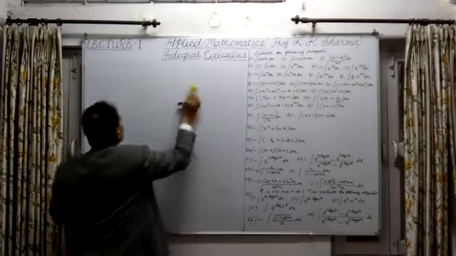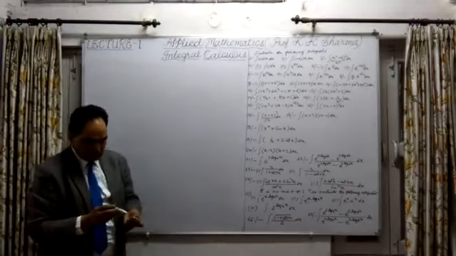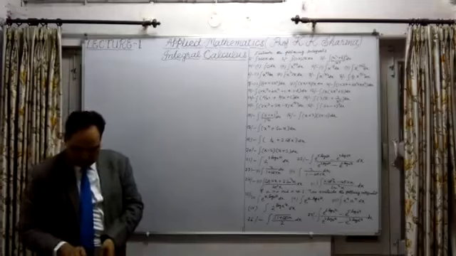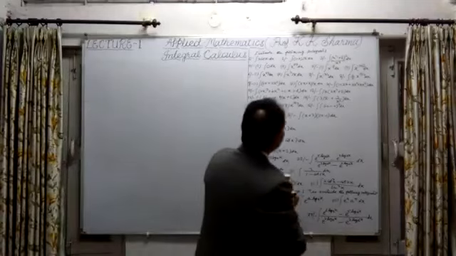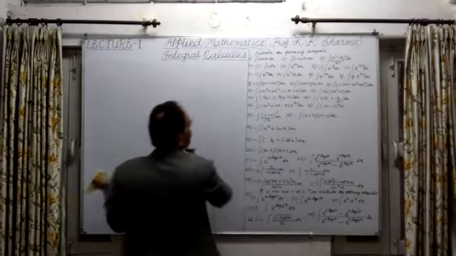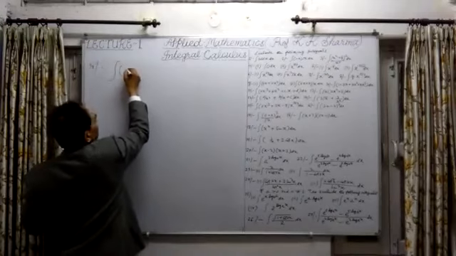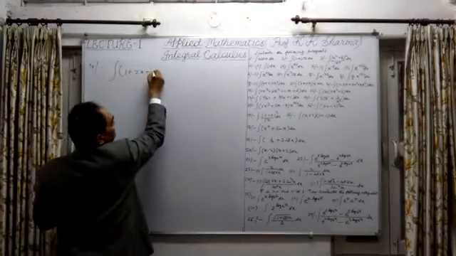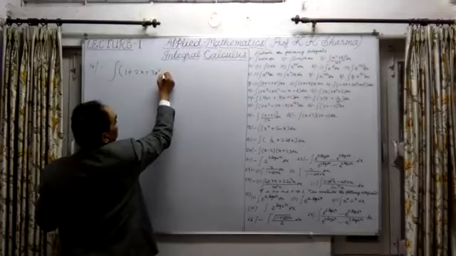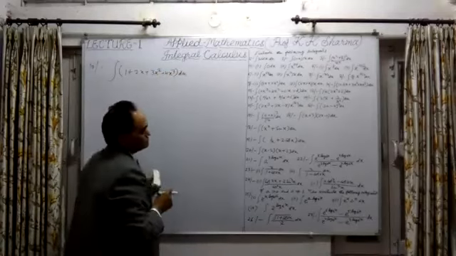Now let me talk about the next question. This is the 10th one. Question number 10 says: the integration of a sum of a number of functions, (1 plus 2x plus 3x squared plus 4x cubed) dx.